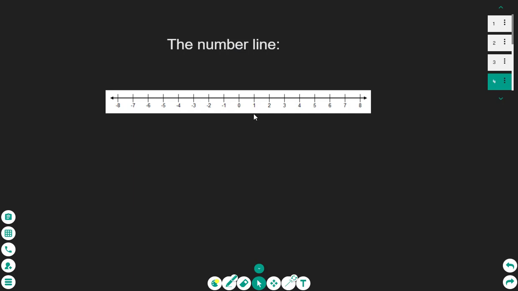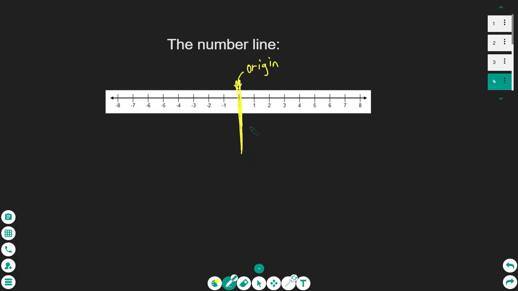And the way number lines work is we have a 0. That's at the middle of the number line. And because it's right at the middle, we have a special name for it. We call this point on the number line the origin, okay? The origin of the number line. And you can kind of think of that as the anchor of the number line.